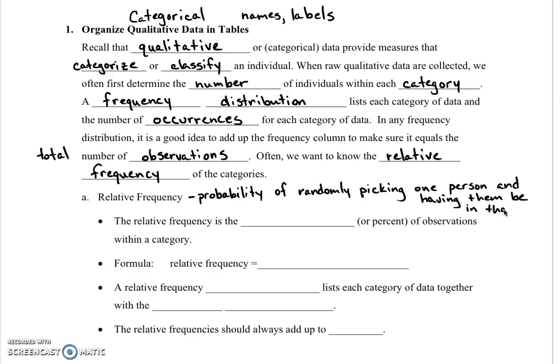So this is where all that chapter 5 material comes back to us, even in the statistics part of the class.